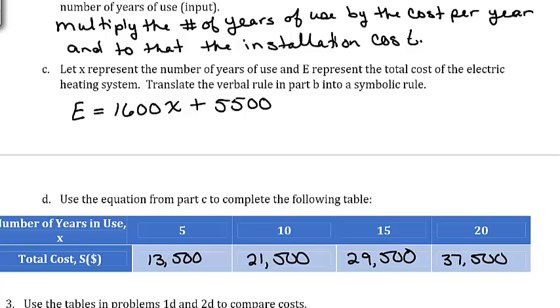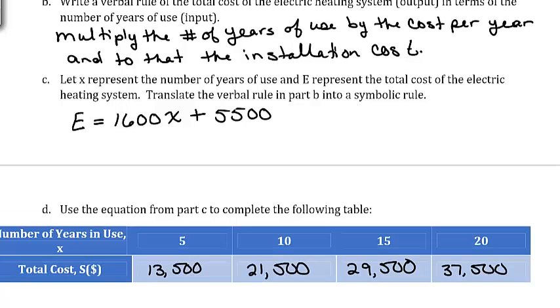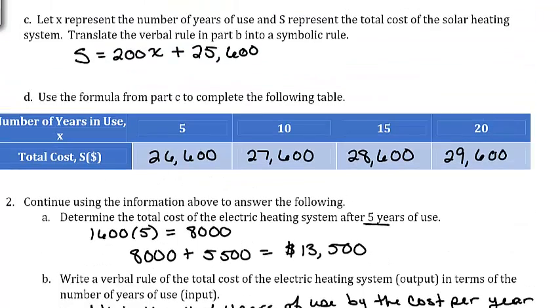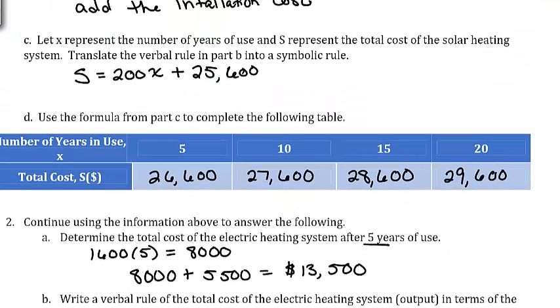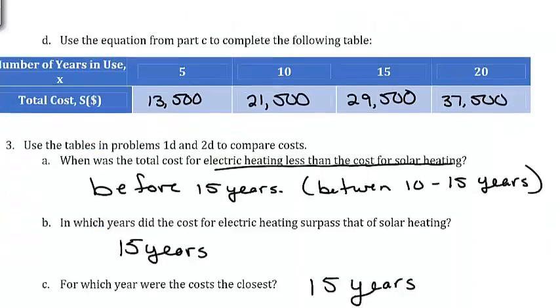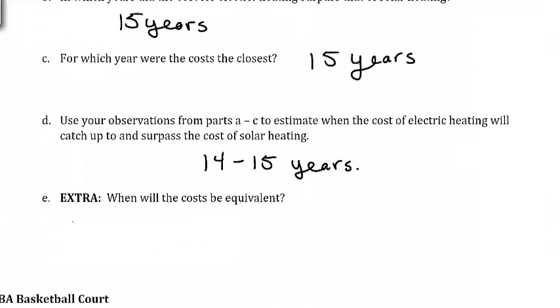So for the electrical, it was this 1,600x plus 5,500, and for the solar, it was 200x plus 25,600. So we're going to take 200x plus 25,600 and set that equal to the 1,600x plus 5,500.